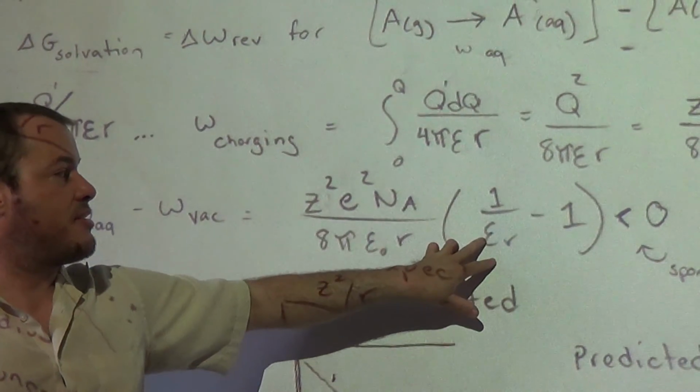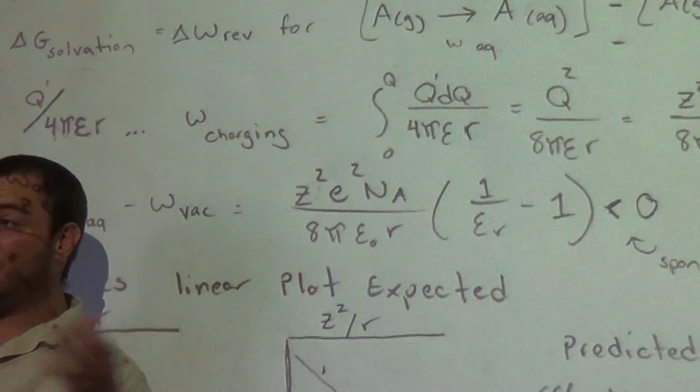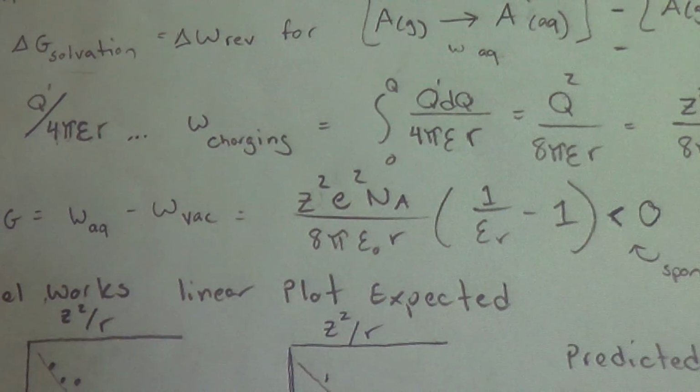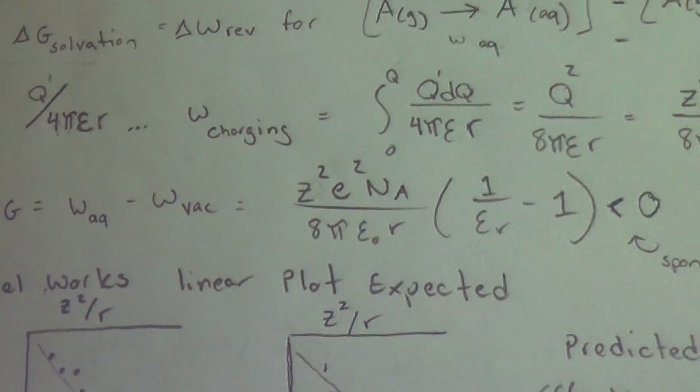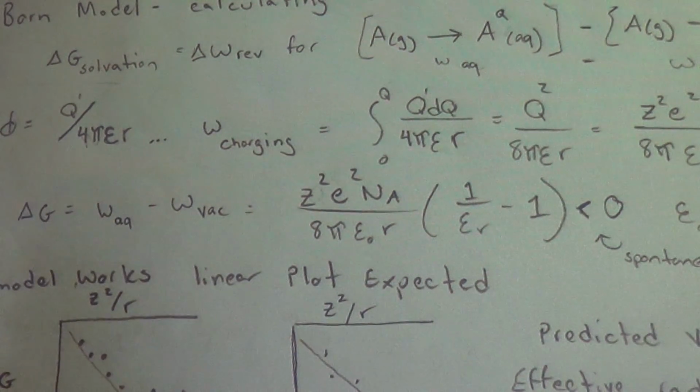And so this is less than 1, meaning that the energy required to paste a negative charge together in a solution is less than the energy required to paste a negative charge together in a vacuum.